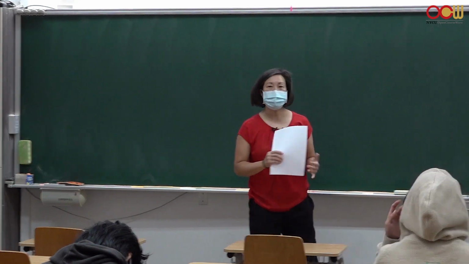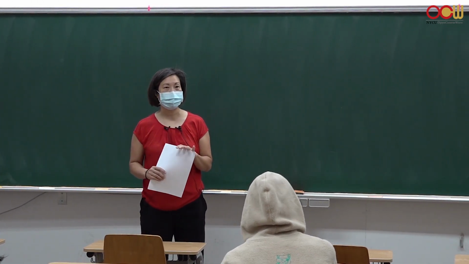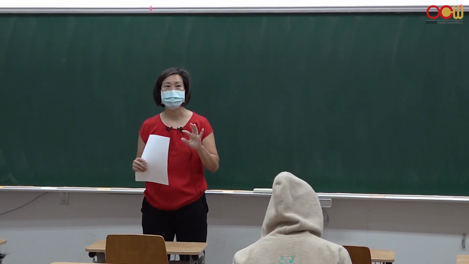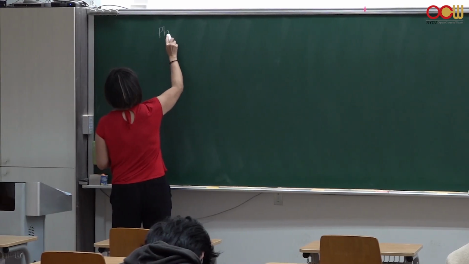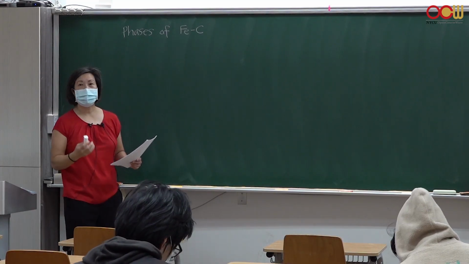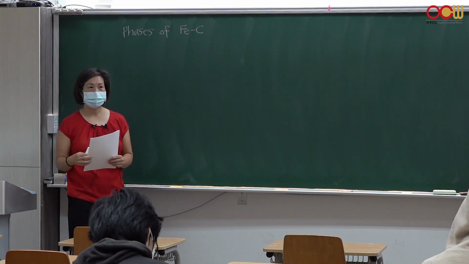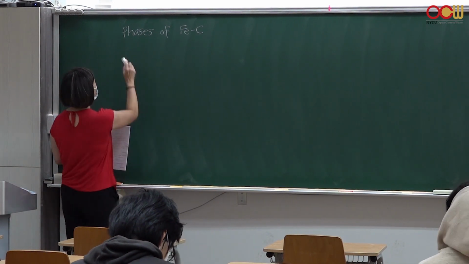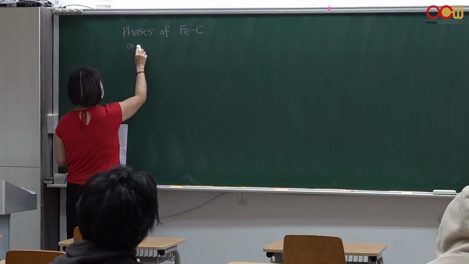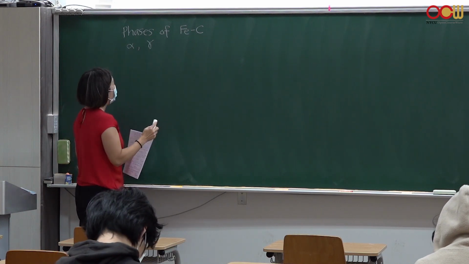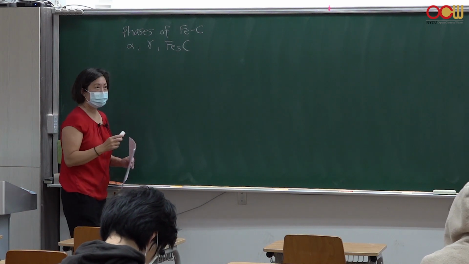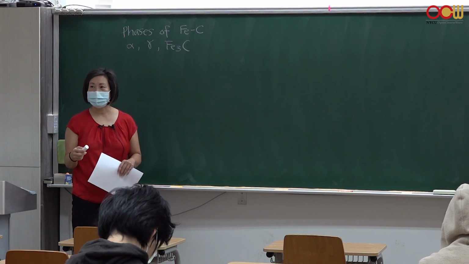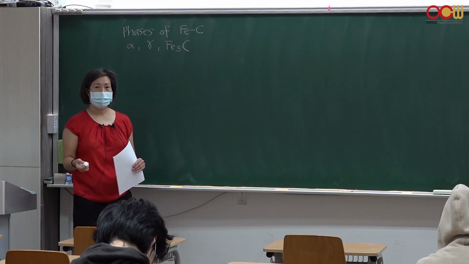Okay, so yesterday we finished talking about phase transformations, and I just want to re-emphasize a few things. We have phases of an iron alloy, like steel: alpha or ferrite, gamma or austenite, and Fe3C or cementite. These are the phases of an iron alloy with carbon.